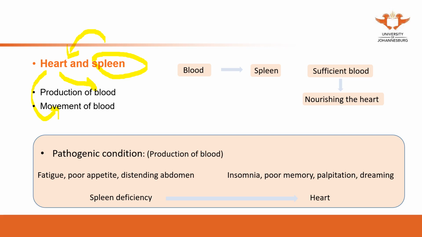And also the blood, on the other hand, can nourish the heart, also nourish the spleen itself, because the heart, in order to perform the heart function, also needs the nutrition. That's from the blood. In this way, the heart also houses the mind or the spirit.